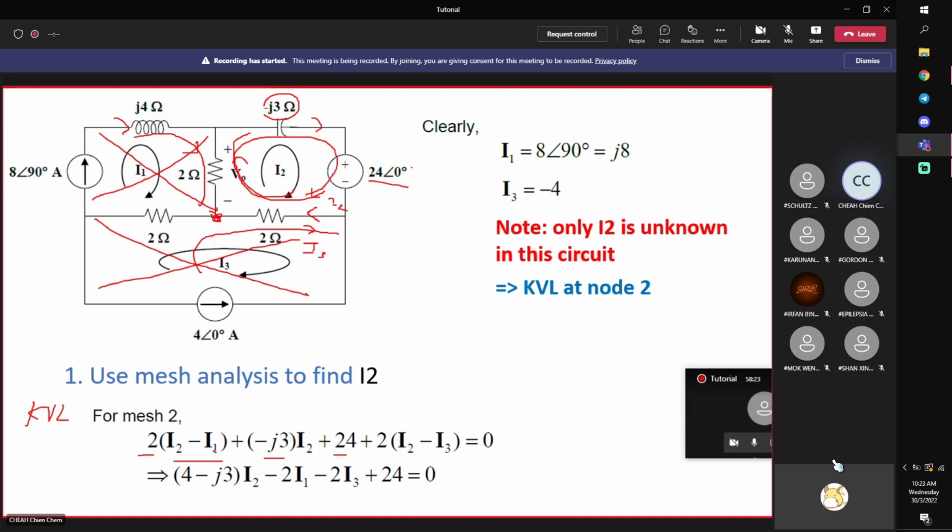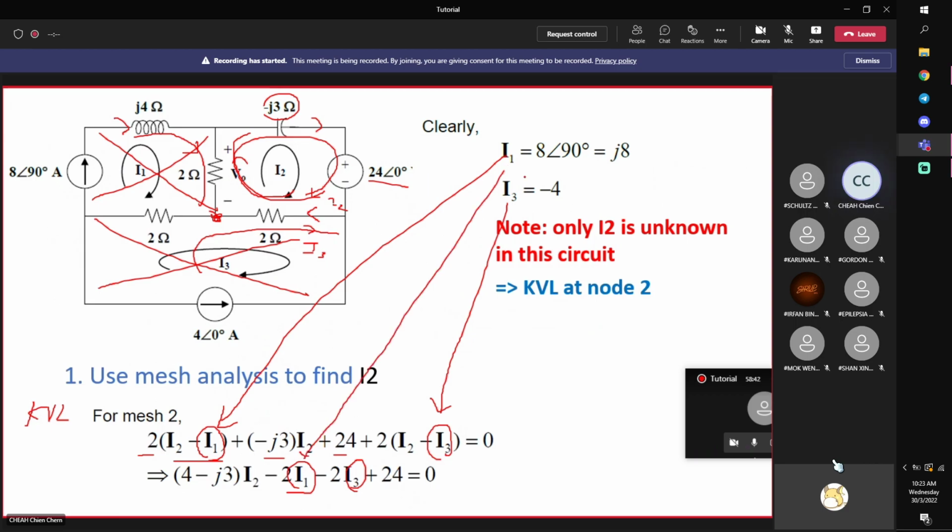So even though this equation contains I1, I2, I3, I1 is already known and I3 is already known. So effectively, there's only one unknown. Either you directly substitute into the first equation and proceed, or you group them as I1, I2, I3 first, then substitute.